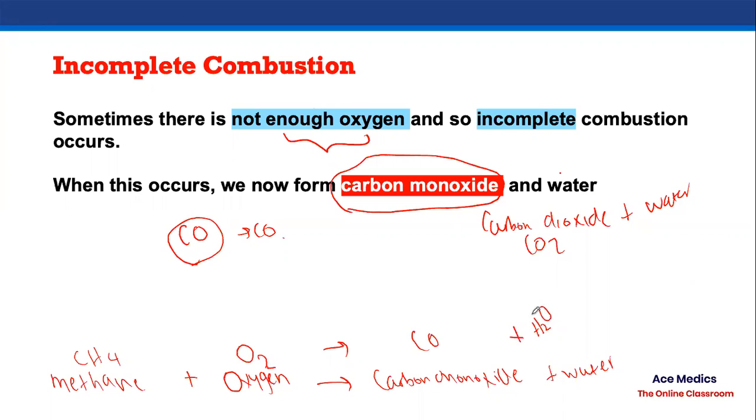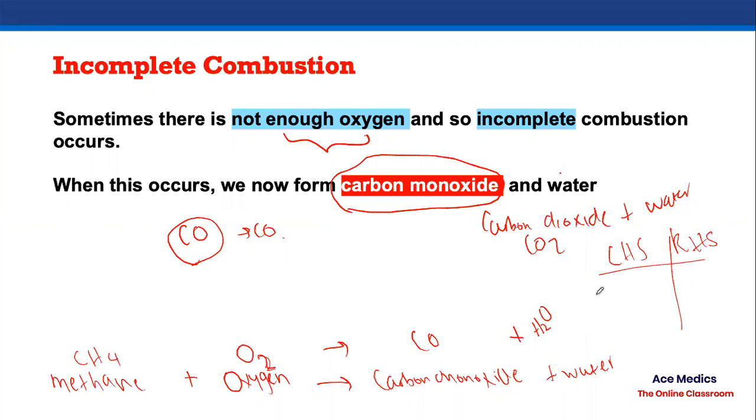Good. And is this balanced? What are we thinking? Does this look balanced to you guys? Okay, so let's try and work that out then. We will do the left-hand side, and the right-hand side.